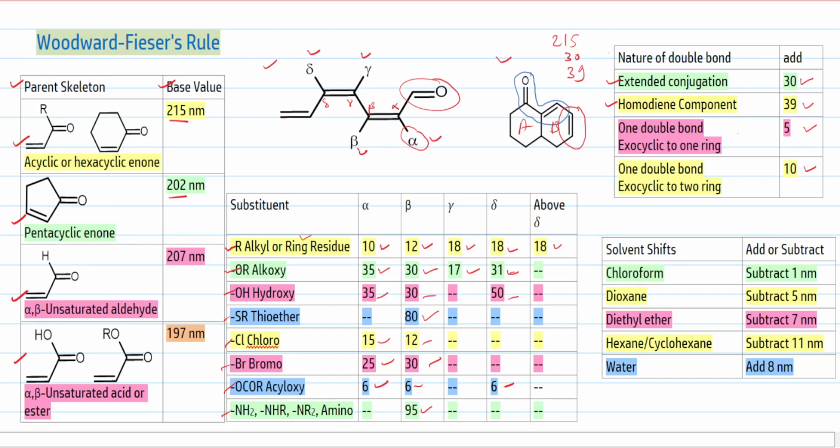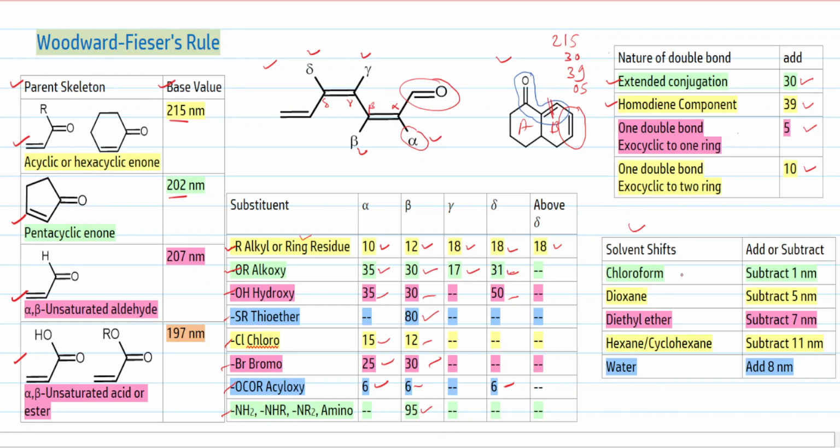Exocyclic double bond. This double bond which is present outside ring A is attached to ring A through one carbon. So it is the exocyclic double bond. So we have to add 5 nanometer, and then after the addition of this component we get the final lambda max value. Furthermore, we have to consider the solvent shift, in which solvent the UV spectrum is carried out.